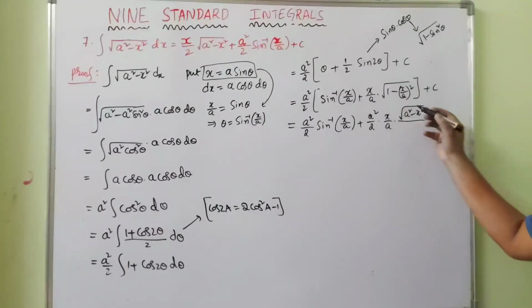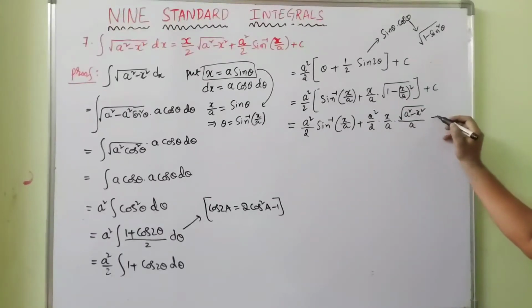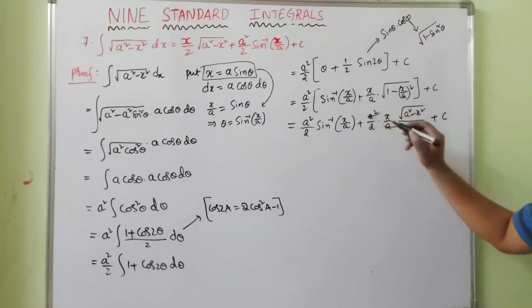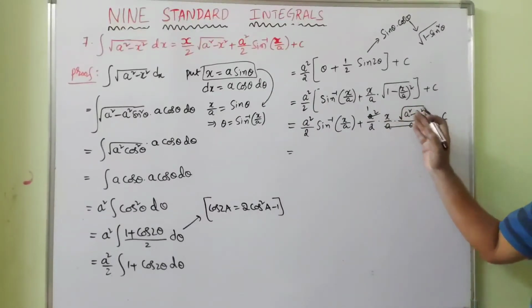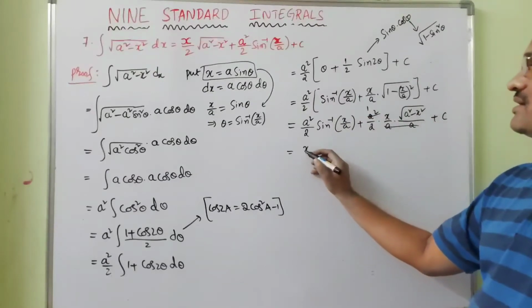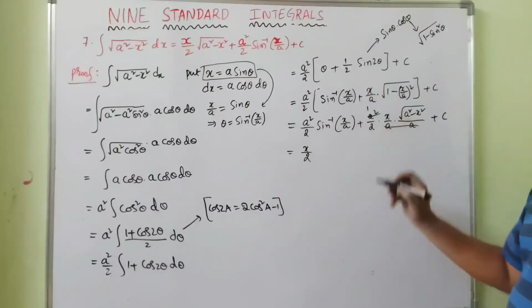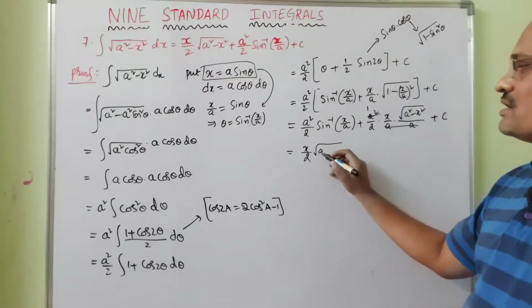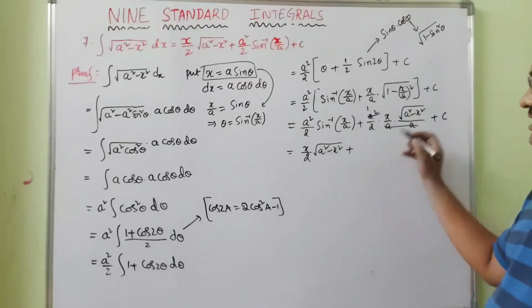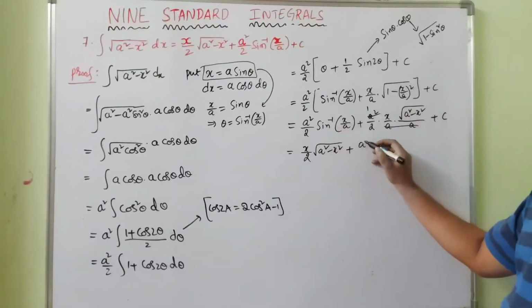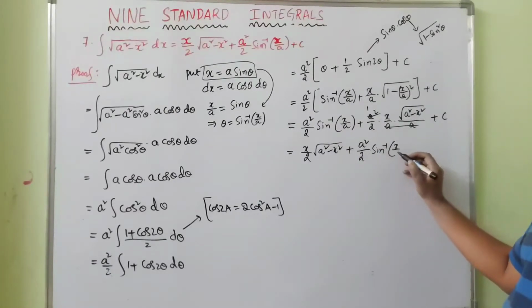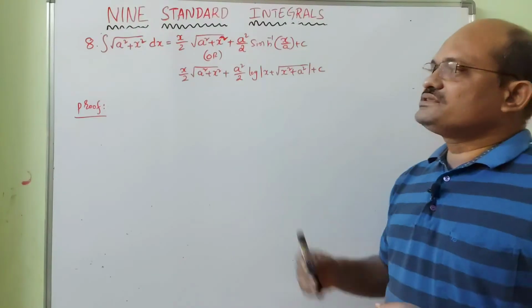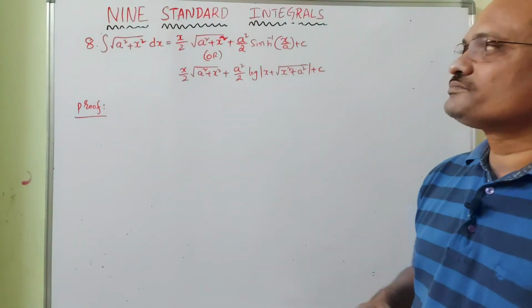Take a square out of the root, you will get a, plus c. a square gets cancelled, you will get 1 here. Now write this term at the starting, you will get x by 2. What is the remaining thing? x by 2 root a square minus x square plus second term a square by 2 sin inverse of x by a plus c. This is the standard result.